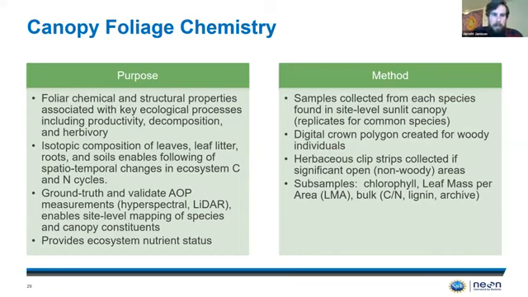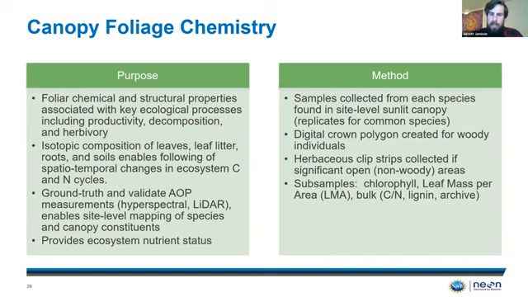So our sampling method for this protocol involves collecting samples from each species found in our site level sunlit canopy, with replicates for common species. We also take digital crown polygons for our woody individuals sampled for unambiguous geolocation of those samples.